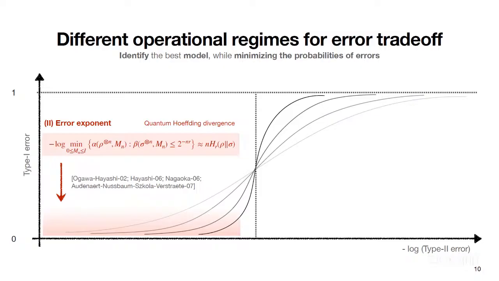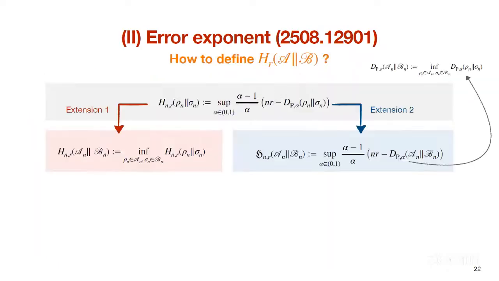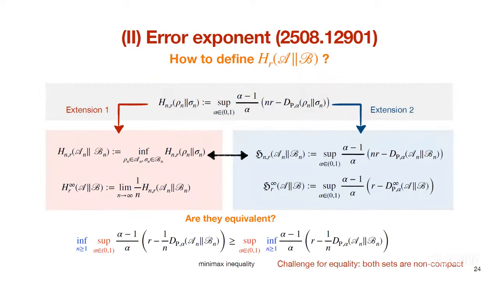Of course, if the state on the right-hand side is IID, and that state is maximally correlated, in that case it is quite easy, because we have additivity for that kind of divergence. But generally, the divergence does not satisfy additivity. Yes.